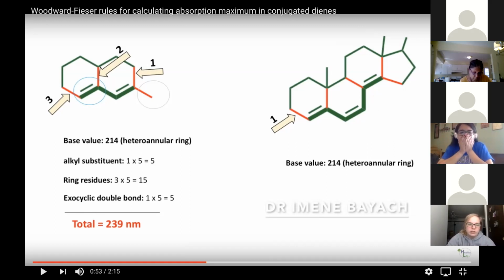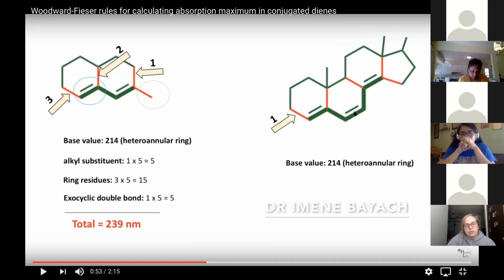And then going back to the confusing exocyclic double bonds. If you look at this ring here in the middle, you have a double bond coming off right here, which counts as one exocyclic double bond. And then going back, you have this one coming off here, which is two exocyclic double bonds.